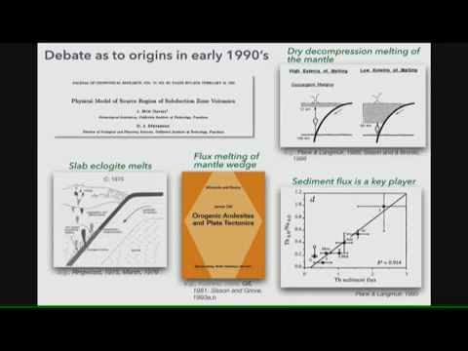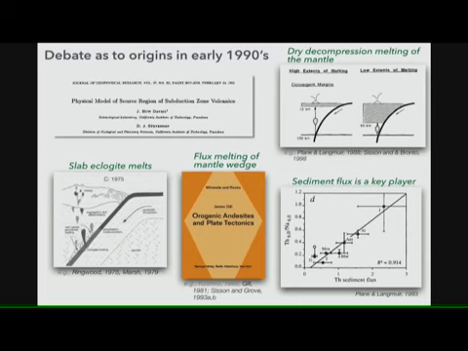I thought I'd pick a point in time, and here I picked the early 1990s, to share where the debate was at the time on what produces primitive arc magmas. Those of you who are interested can go back and look at this nice paper by Davies and Stevenson in 1992, and their introduction provides a really nice overview of the debates at the time and all the key papers.